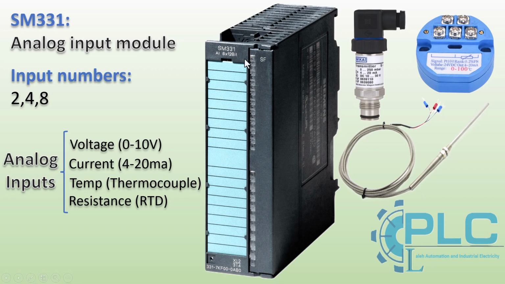A higher resolution provides greater accuracy in converting analog signals to digital form. For example, a 16-bit resolution allows for finer distinctions between values, which is essential for high-precision tasks like temperature or pressure measurements. The higher the bit value, the more precise the measurement.